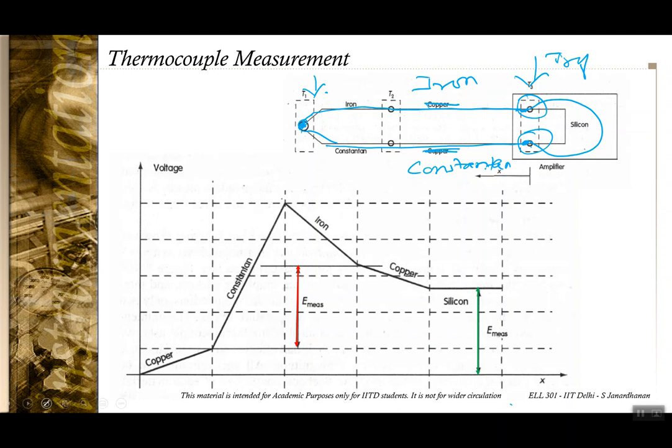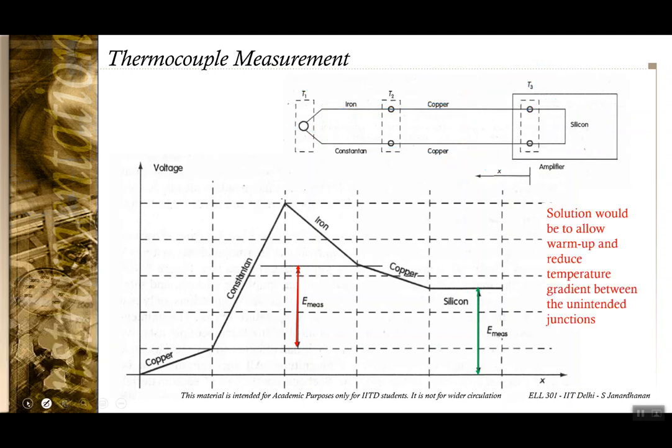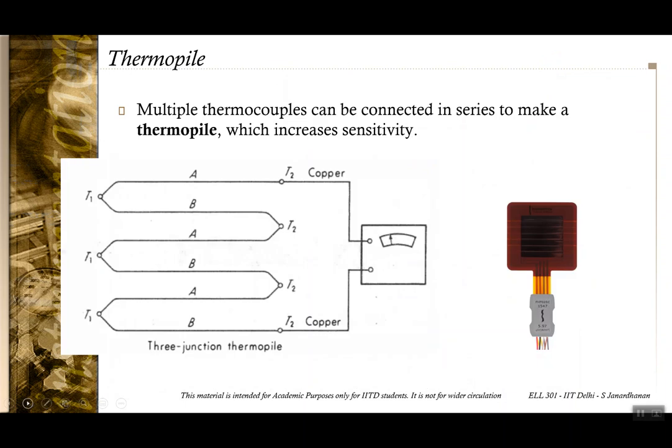Now we know that in case of thermocouple, each thermocouple is going to produce an EMF of only a few millivolts. However, this EMF can be added up by connecting the thermocouples in series and making something called a thermopile.